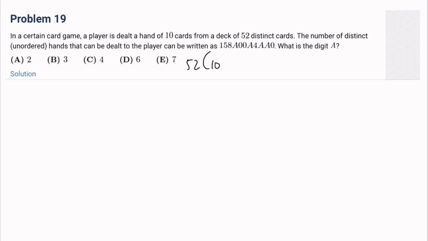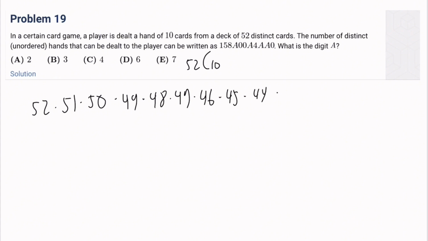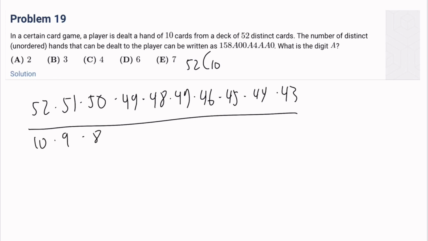So let's just write down 52 choose 10 in a multiplied form. So 52 times 51 times 50 times 49 times 48 times 47 times 46 times 45 times 44 times 43 all over 10 times 9, 8, 7, 6, 5, 4, 3, 2, 1, right?